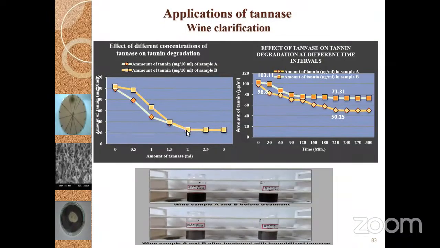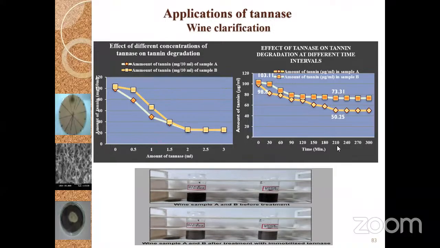Then we studied the application of this enzyme in wine clarification. Again, the same method was used. The effect of different concentrations of tannase on tannin degradation was studied, and it was observed that the tannin concentration was reduced from this level to this level when we used different amounts of tannase. The effect of tannase on tannin degradation at different time intervals was also studied.